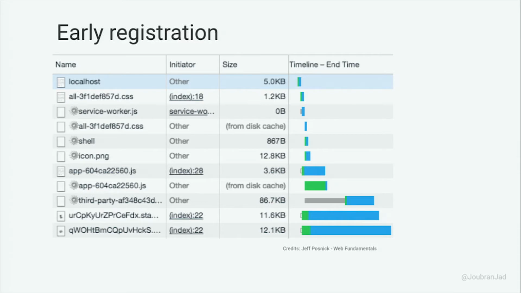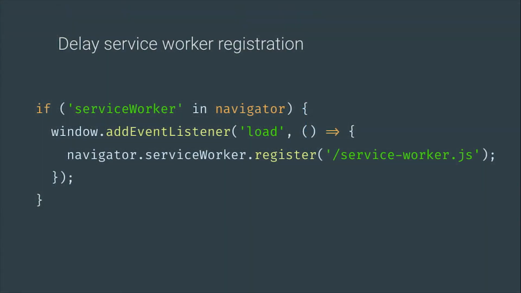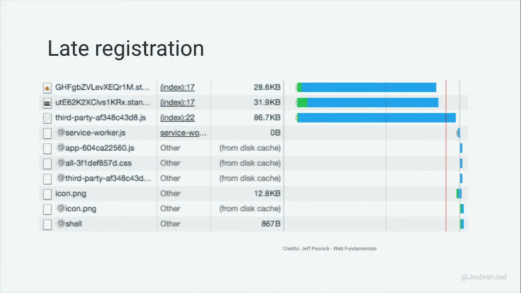So it would be best to actually delay all of these until the first page has loaded. And to do that, you can simply wrap it in a load event. So make sure the window has loaded. So after the window has loaded, after you've loaded all of these things, you can actually register the service worker. And this basically compares to this graph, where in the first few seconds, we're just completely focusing on shipping those critical resources, and afterwards, we can set up the service worker.